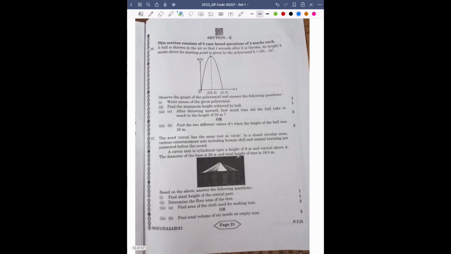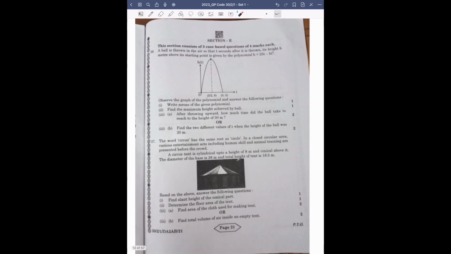Question number 36. Again, these are easy questions. Look at it. This section consists of three case-based questions of 4 marks each. So it's saying a ball is thrown in the air. Okay, this is your ball thrown in the air. So that t seconds after it is thrown, its height h meter above its starting point is given by the polynomial.